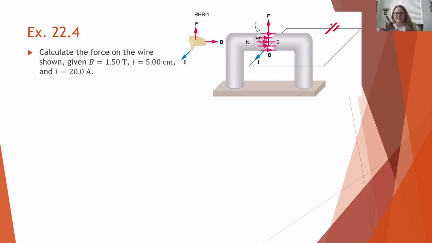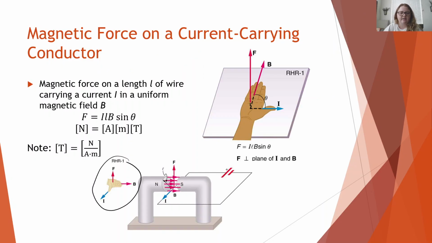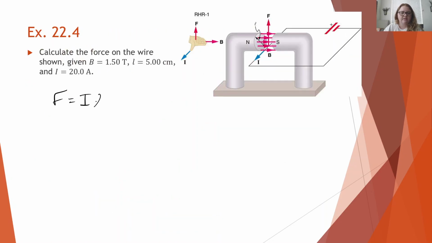Looking at this image again, we can find the force on the wire. Force is equal to ILB sine theta, and theta in this case is a right angle, so this is sine of 90, which equals 1.